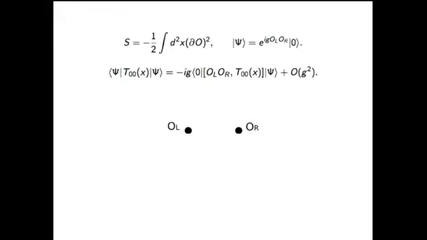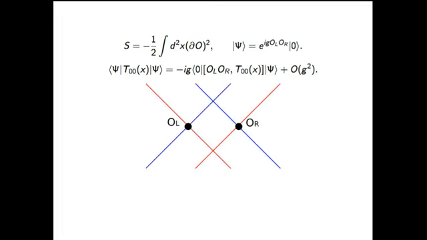Well, it's not hard to work out this commutator using the commutation relations of this free massless field. In particular, the commutator of O with the derivatives of O that appear in the stress tensor are delta functions. They're localized on light cones. So you can work this out. Rather than writing an equation, I'm just going to draw the configuration of positive and negative energy density that you get in this state.